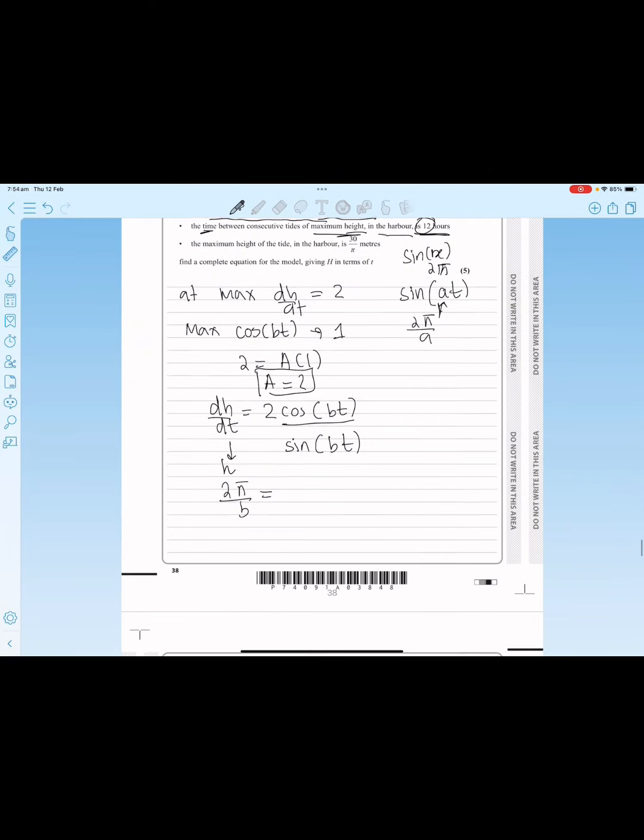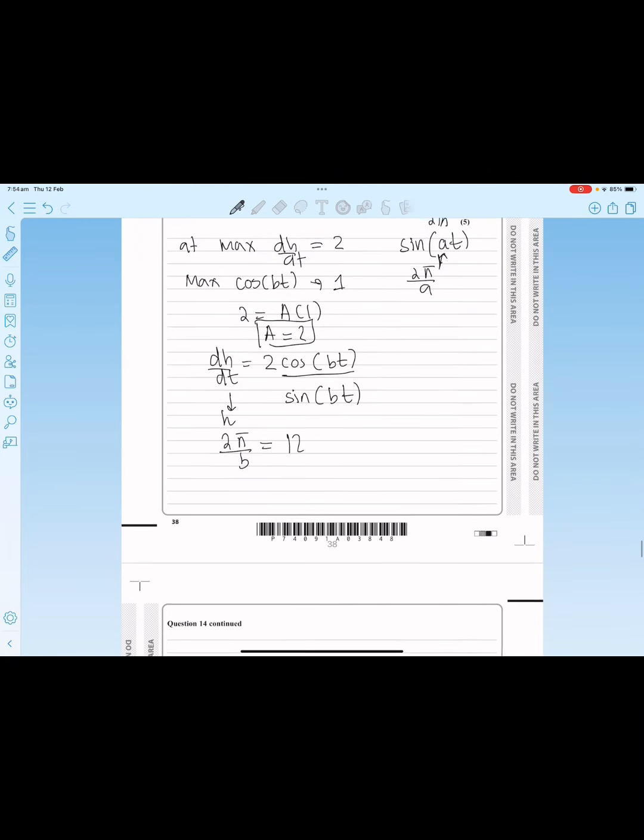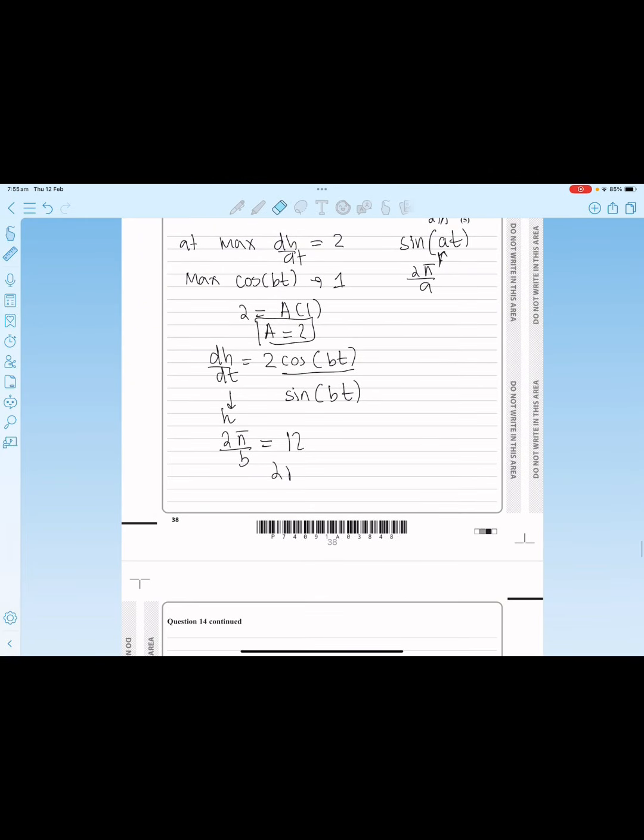So therefore my period would be written like this. So essentially my b is just going to be 2 pi over 12, and therefore it's pi over 6. So far I've got my model up to the fact that dh over dt is equal to 2 cos pi over 6 t. Let's keep going now.